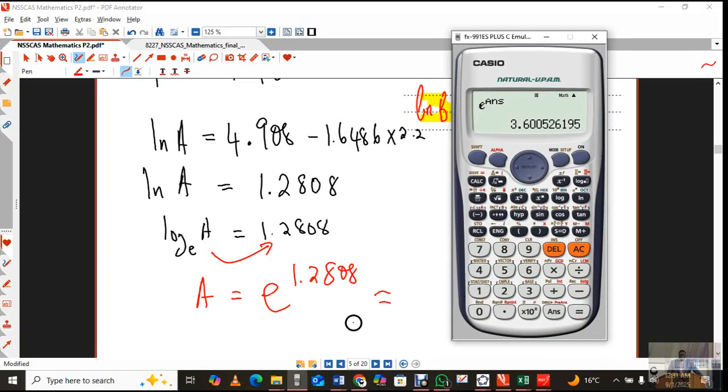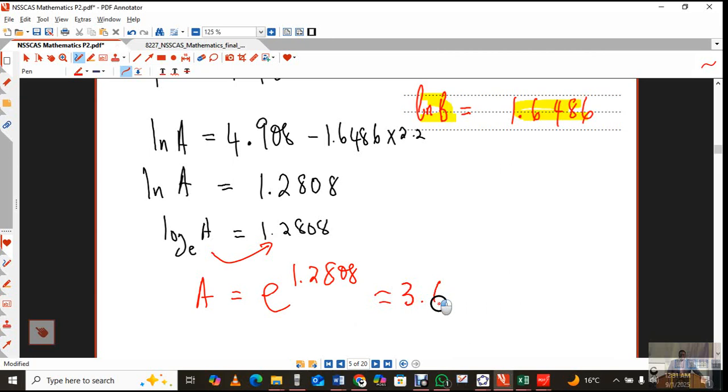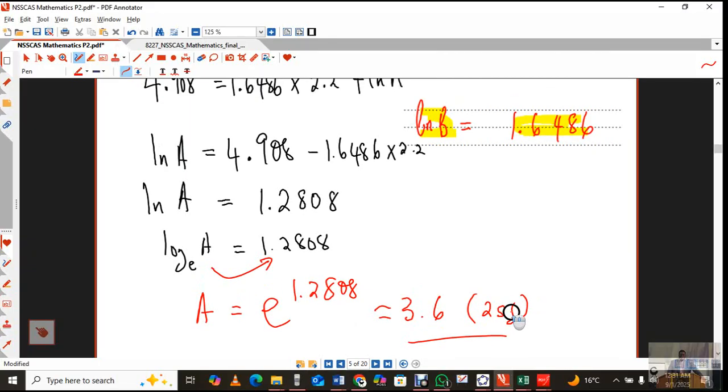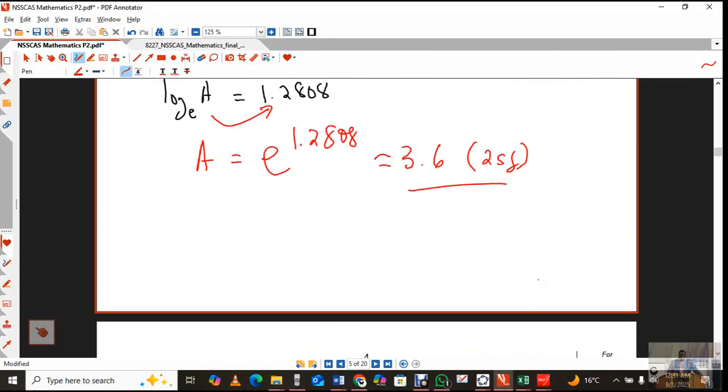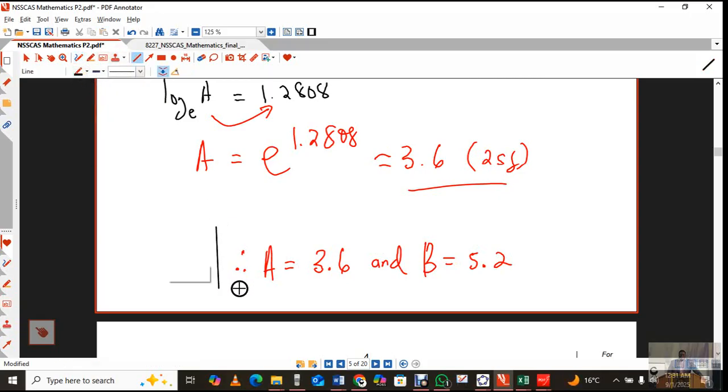That's about 3.6, which is obviously correct to 2 significant figures as they were requiring us to do. So therefore, you can conclude that a is equal to 3.6 and b is equal to 5.2, correct to two significant figures.